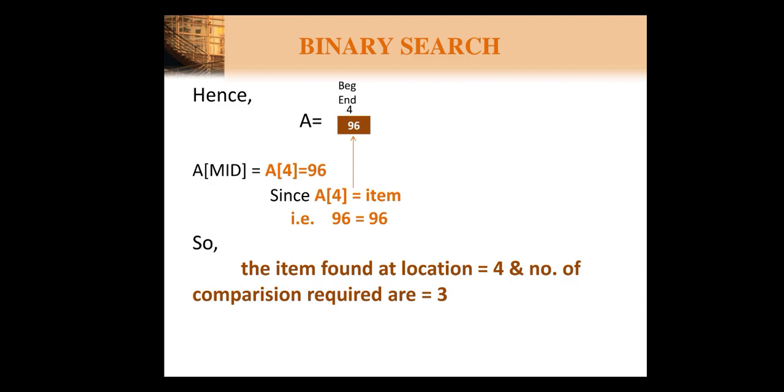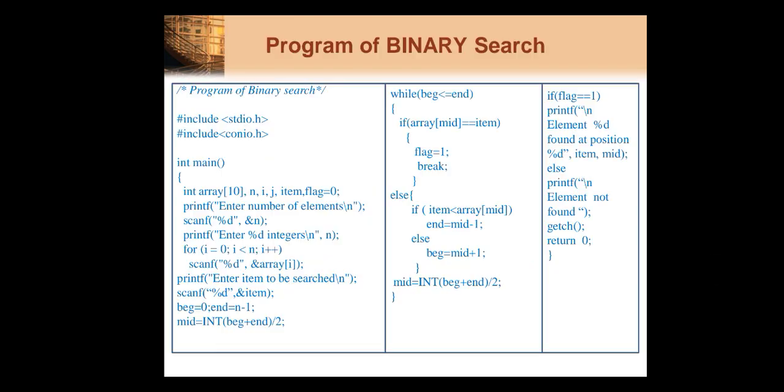If it is in the lower portion, we change the end position and again divide the array into two parts. If it is in the upper portion, we change the beginning position and divide the array into two parts and compare our element with the mid value. Again remember, in binary search your element is compared only with the mid value. In this way binary search works.